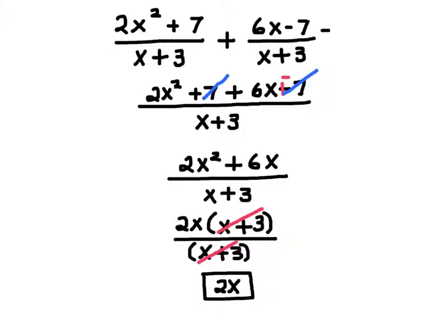And I should probably put an equal sign here so we see that we're moving down as we simplify the expression. Our work is done, and we can see that our original sum of two rational expressions is equal to 2x.